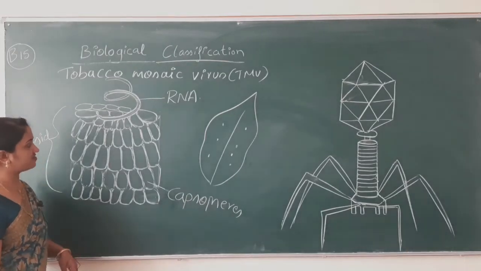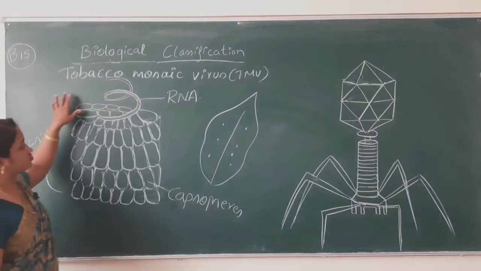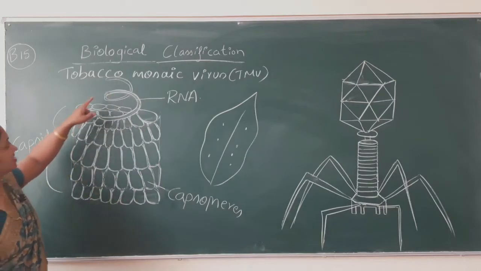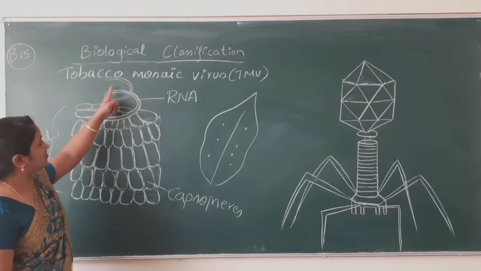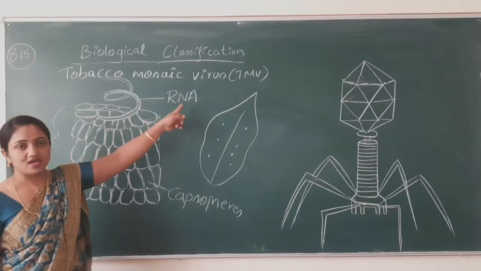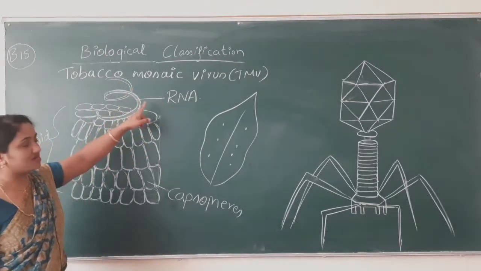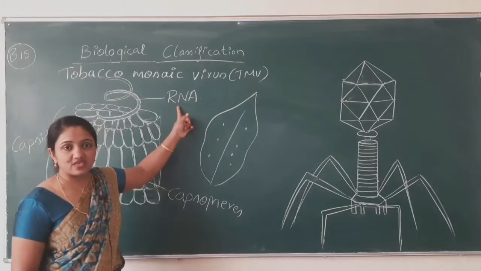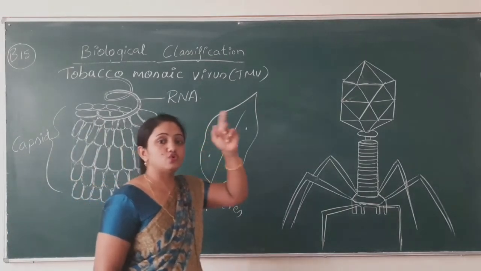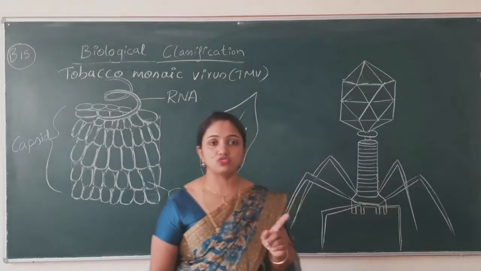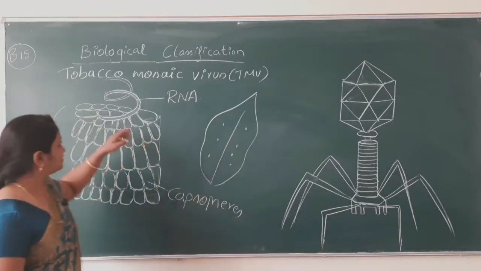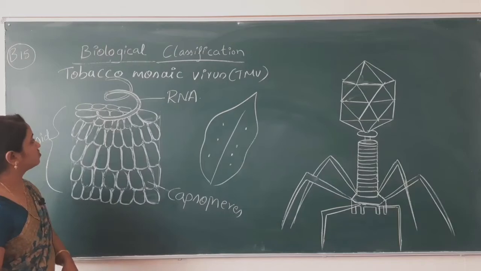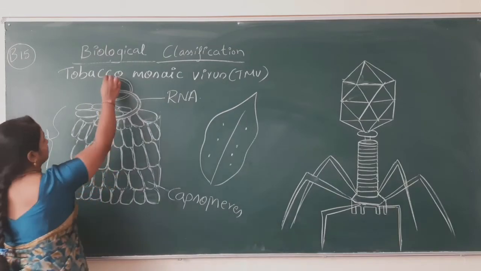So we have given three characters to this diagram. One is that it consists of single stranded RNA, which is the genetic material, the infectious agent which is going to infect the host plant or host cell. So let me complete this diagram.